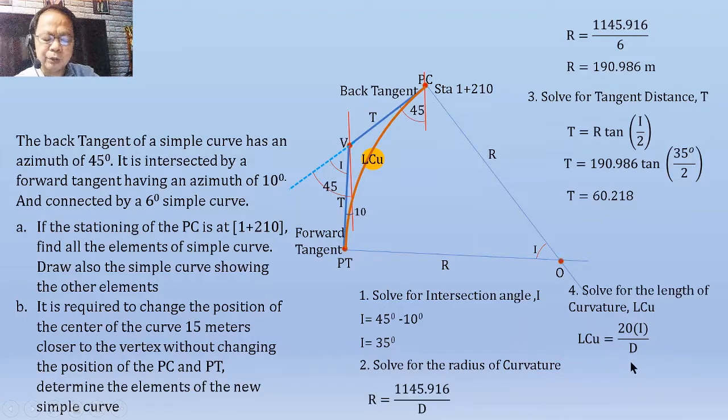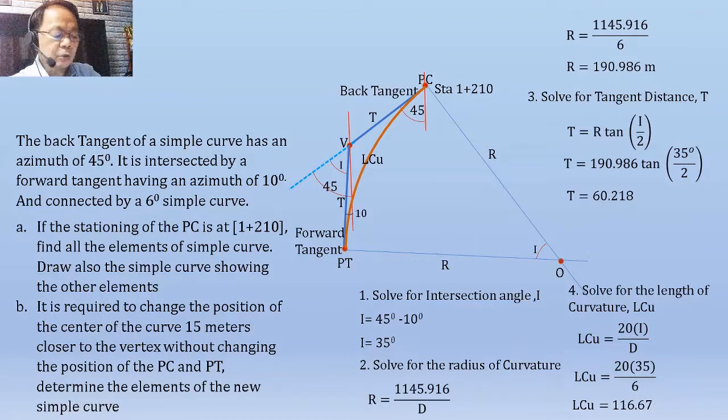So if you substitute the I and D, our length of curvature will be equal to 20 multiplied by 35 divided by 6, giving us a value of 116.67.